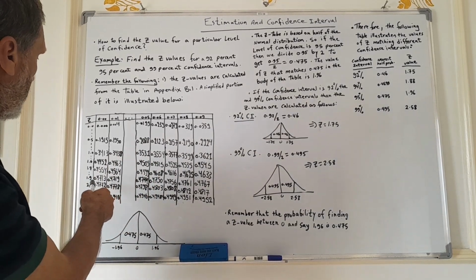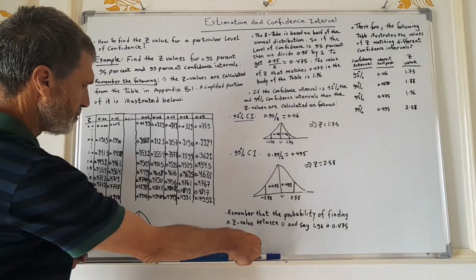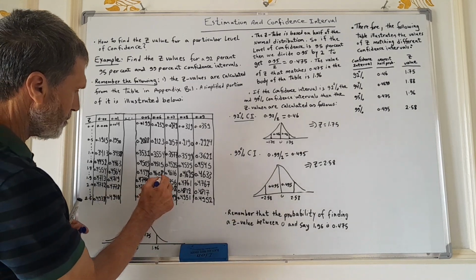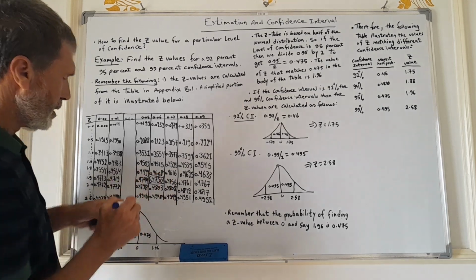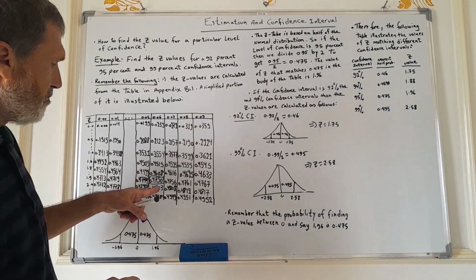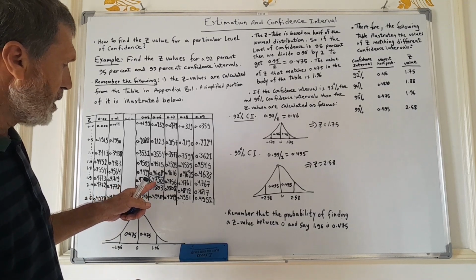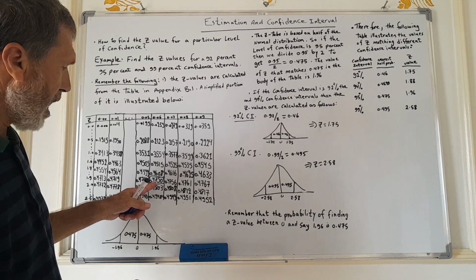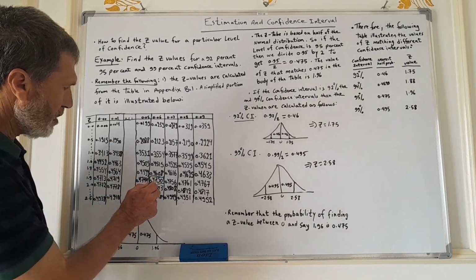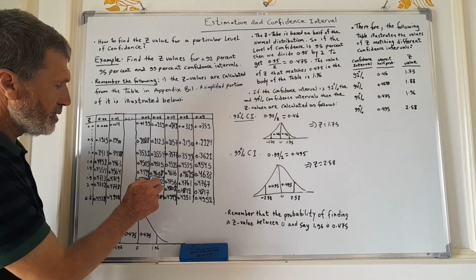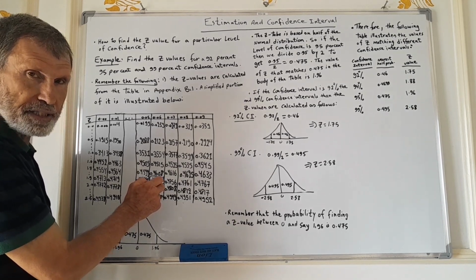0.4750 is over here. This is the area, the probability of finding a z-value.